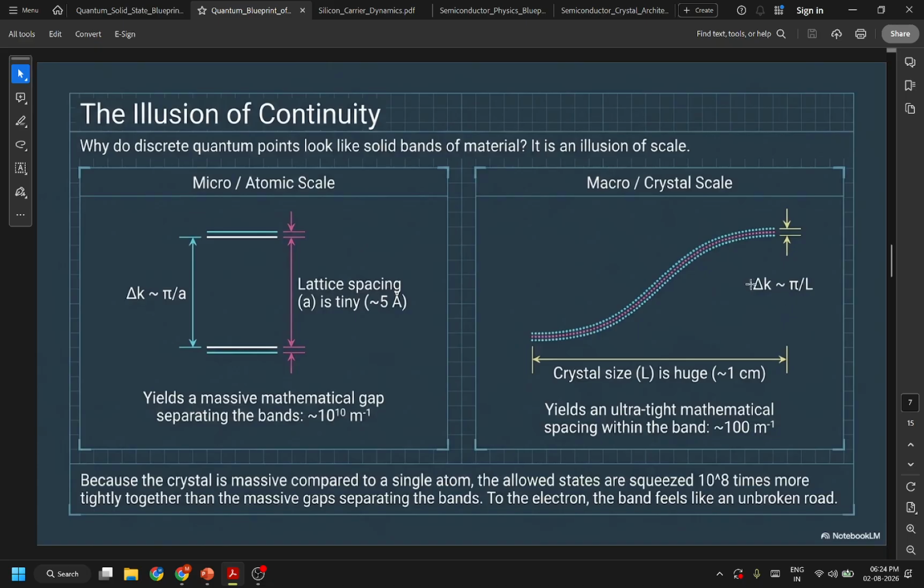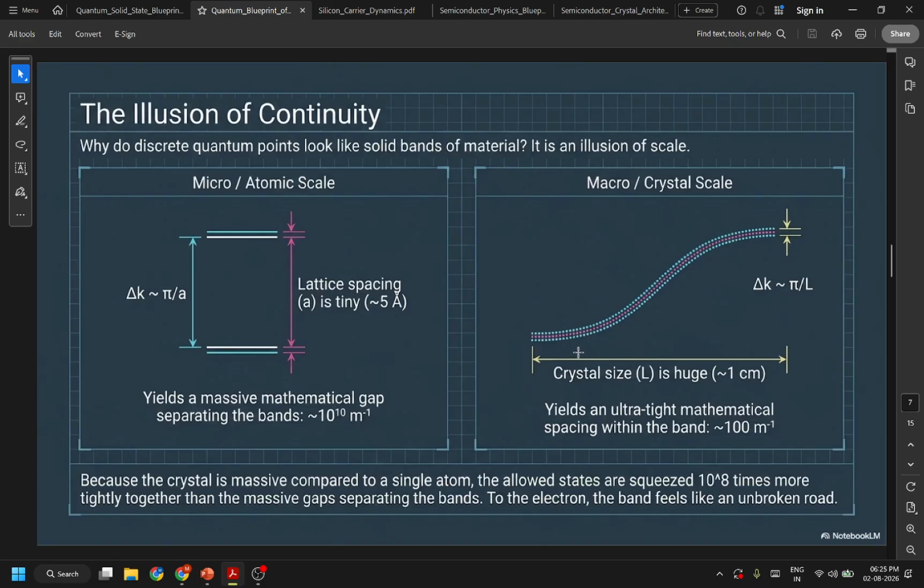But when there is a crystal where delta k is pi by L, where L is a very huge number, say in centimeters, it yields a very small delta k, which will result in ultra tight spacing within the band. So there will be very fine gaps. Because the crystal is massive compared to a single atom, the allowed states are squeezed about 10 to the power 8 times more tightly together than the massive gap separating the bands. To the electron, the band feels like an unbroken road.